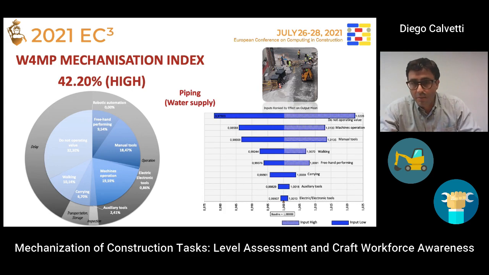The piping activity reached a high level of mechanization, 42%. That piping activity consisted of disruption of the existing pavement, mechanical excavation, placing the pipes and the braces, and afterwards compaction of the soil.